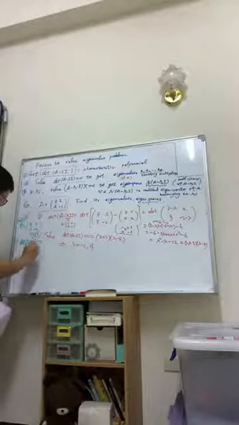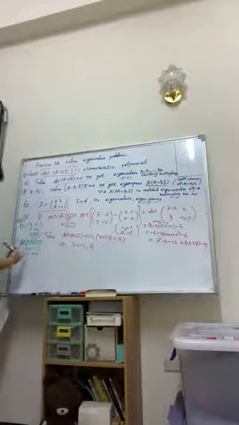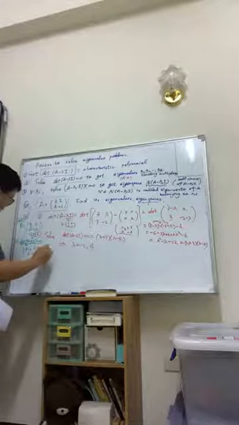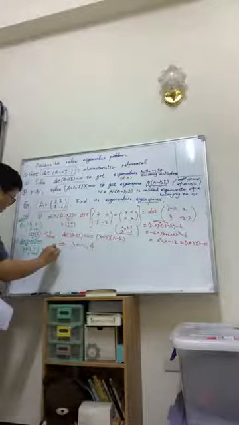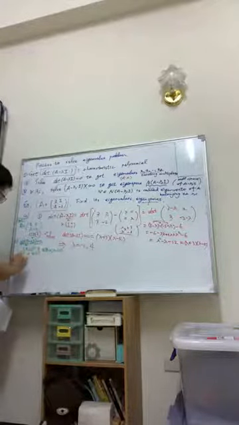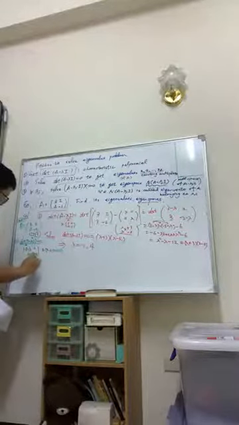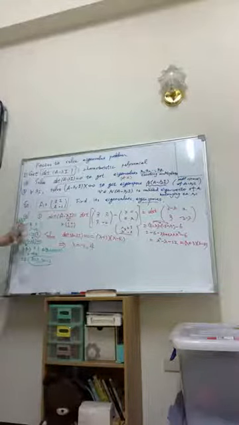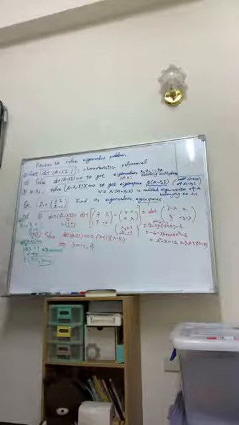If it equals 0, then lambda equals 3 or lambda equals negative 2. It means that if the matrix is a diagonal matrix, then its eigenvalues are exactly the diagonal entries.